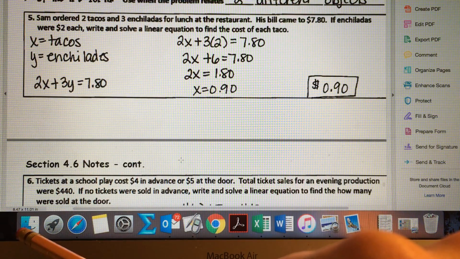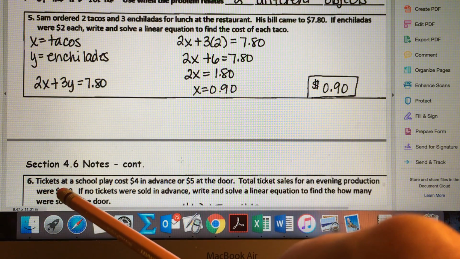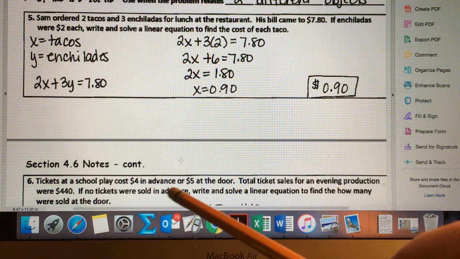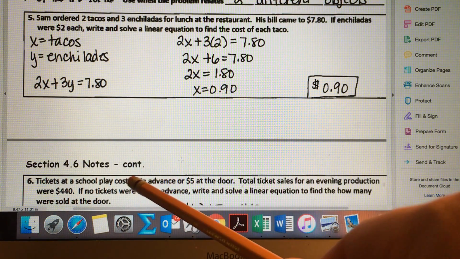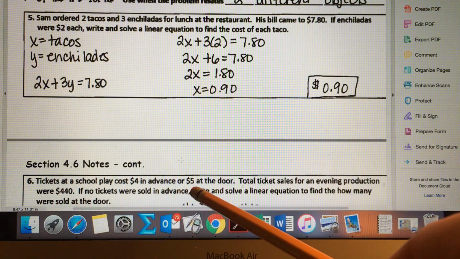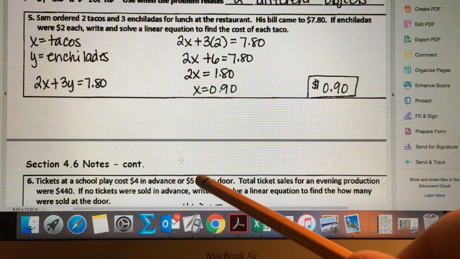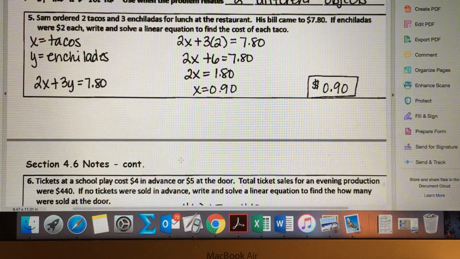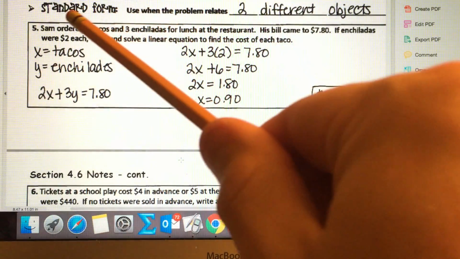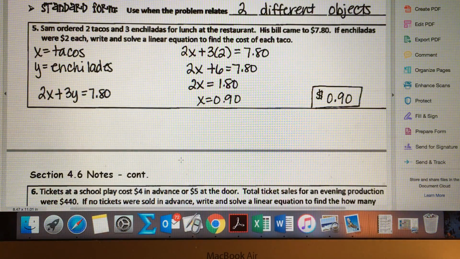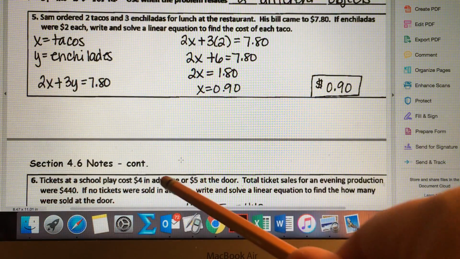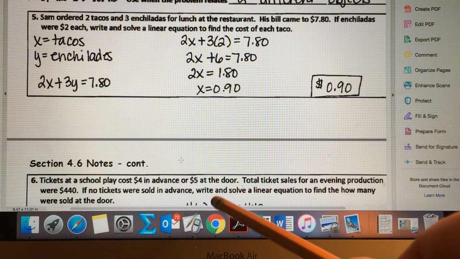So, first bit of information. Tickets sold at a school play cost $4 in advance, $5 at the door. You can think of the tickets sold in advance as a different object than the tickets sold at the door. So this fits the pattern of standard form, used when the problem relates different objects. We have 2 different objects, tickets sold in advance and tickets sold at the door.